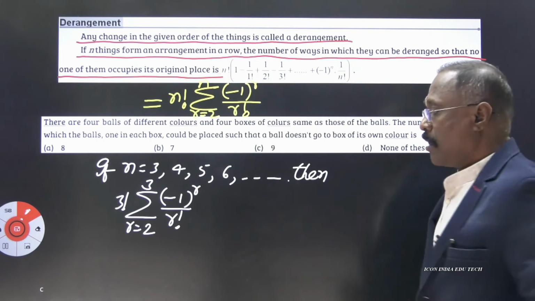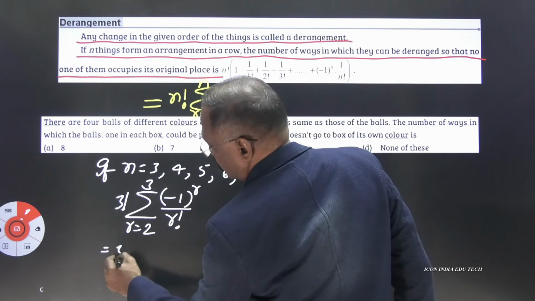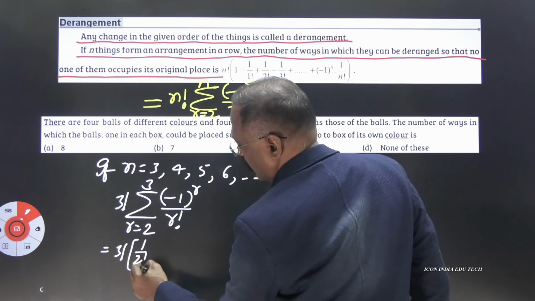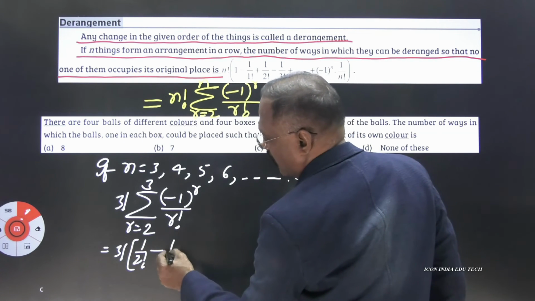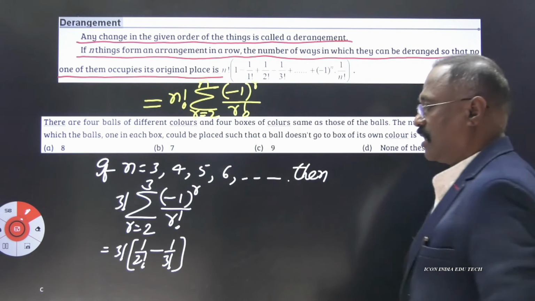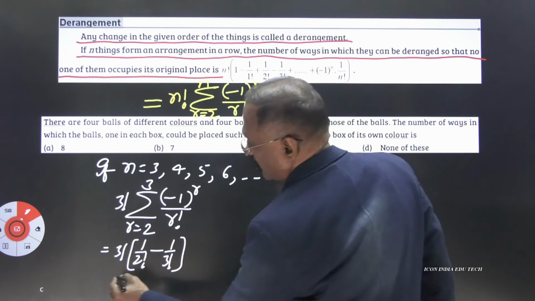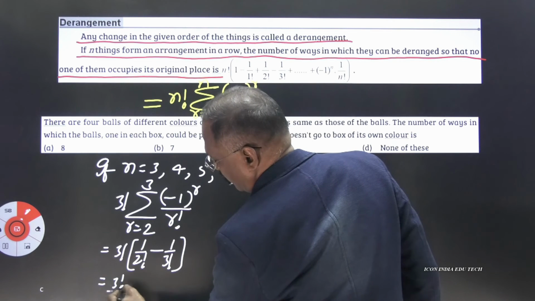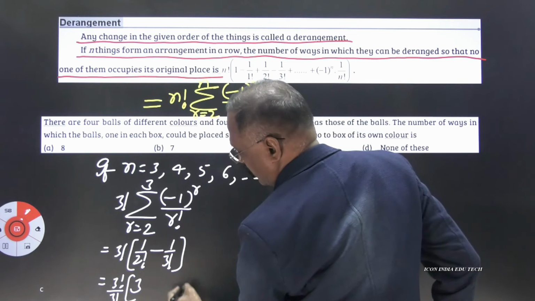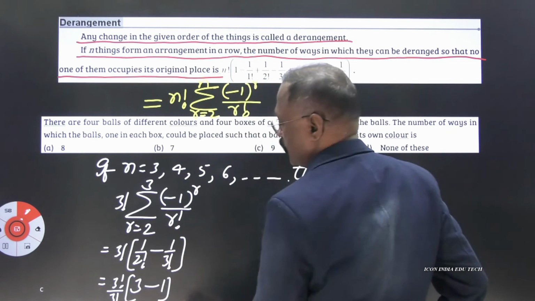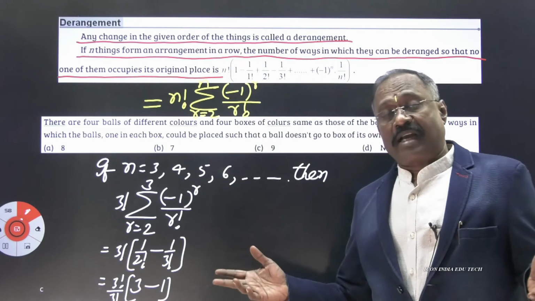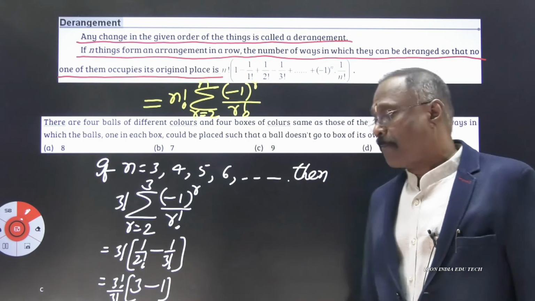Now if you simplify this, it is nothing but 3 factorial into, put r equal to 2 here, 1 by 2 factorial. Put r equal to 3 here, minus 1 by 3 factorial. So take LCM, 3 factorial, getting cancelled. What do you get? 3 factorial by 3 factorial getting cancelled. Here you'll get 3, here minus 1, 3 minus 1, 2. That's what I gave you. 3 envelopes, 3 letters I talked about. That is nothing but 2 only.